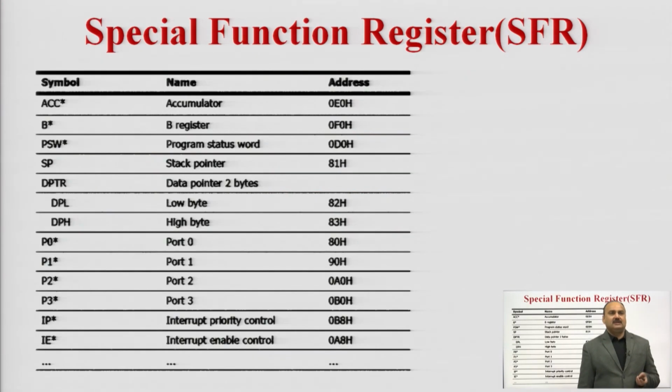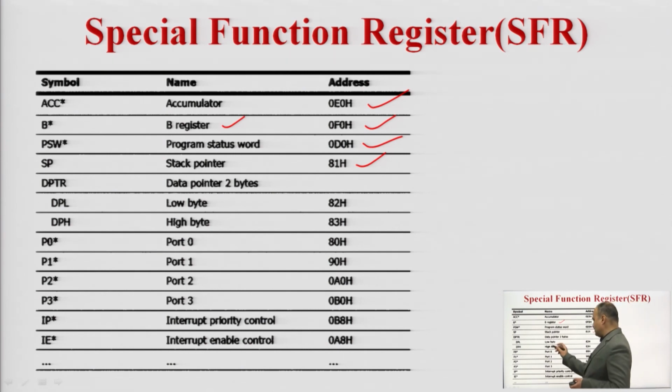So, these are the special function registers. We have the accumulator register designated by A register, the address is 0E0H, then register B, which is an 8-bit register in 8051 microcontroller, the address is 0F0H. Then we have the program status word register, the address is 0D0H. The stack pointer register, which is an 8-bit register, the address is 81H.